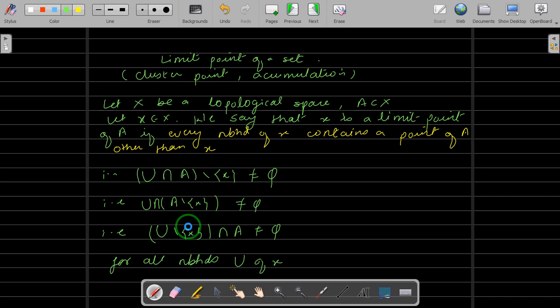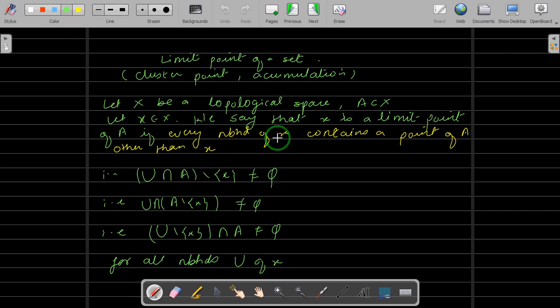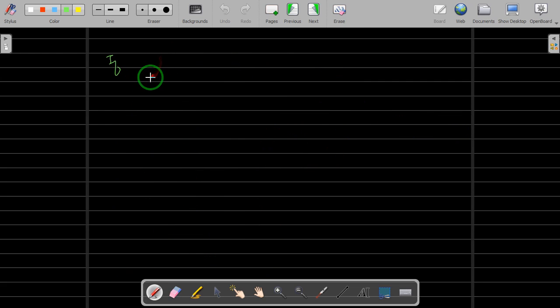Okay, this is the definition of the limit point of a set. Now there is a nomenclature.